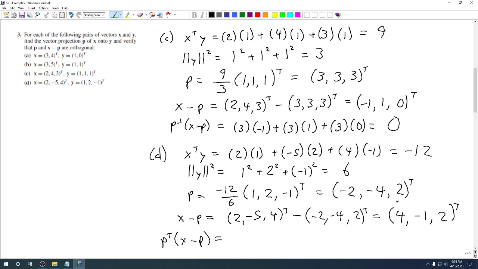We're going to just take the scalar product of these two things. We have negative 2 times 4 plus negative 4 times negative 1 plus 2 times 2. So negative 8. This becomes a positive 4, so negative 8 plus 4 plus another 4. That all cancels out to give us a nice 0, which is what we wanted.